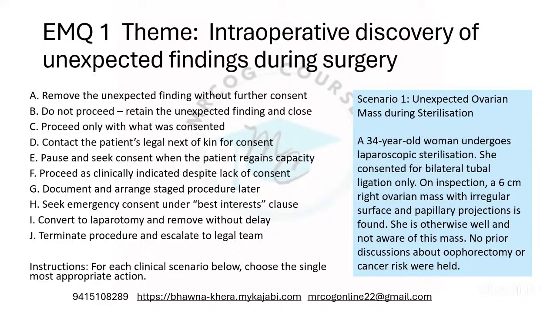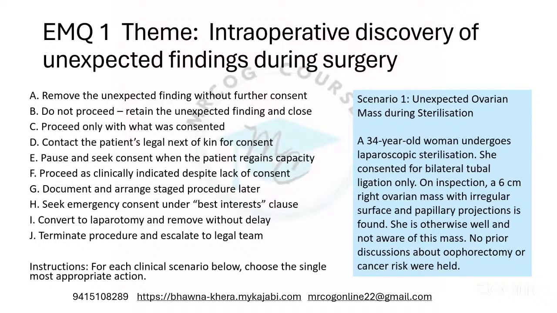Yes, it can be done safely, right? Thank you for answering. So, why do we not want to do this? We can do this, and everybody agrees. All the three options B, C, and G mention that we will not touch the ovarian mass. So C could be the best answer here: proceed only with what was consented.